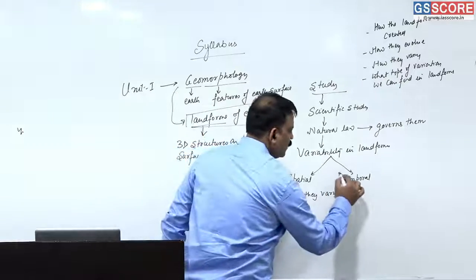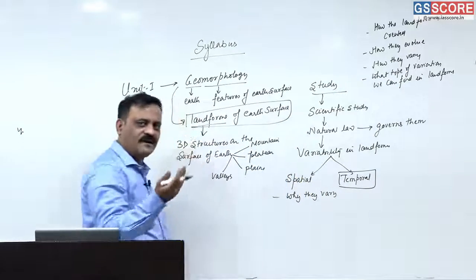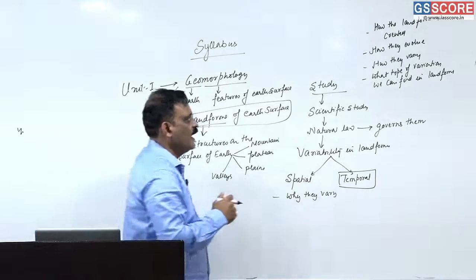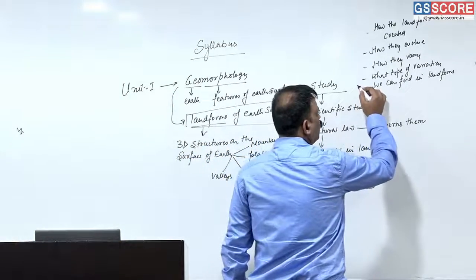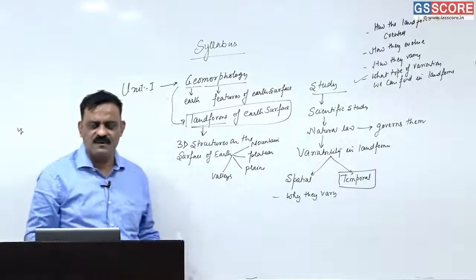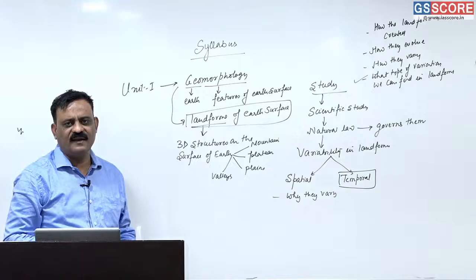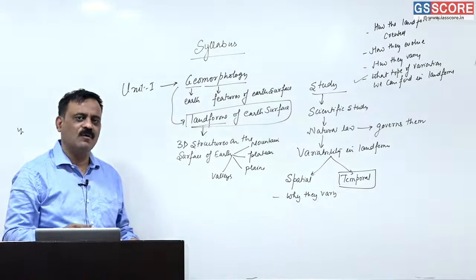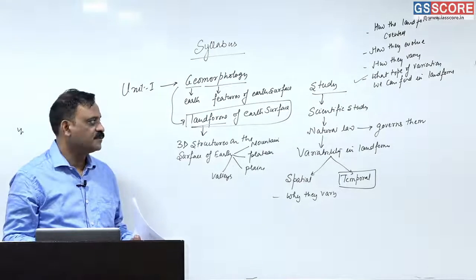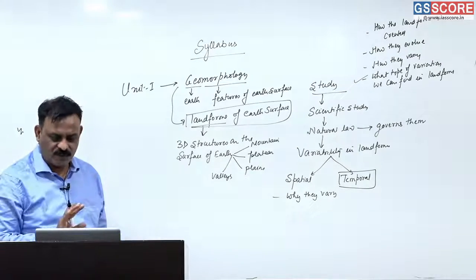In the case of temporal variation, you can see how the landforms change, vary and evolve. And what type of variations we can find in the landforms, how they vary from one place to another, and what are the different types of landforms that you can find from one place to another. This is the basic idea of geomorphology.